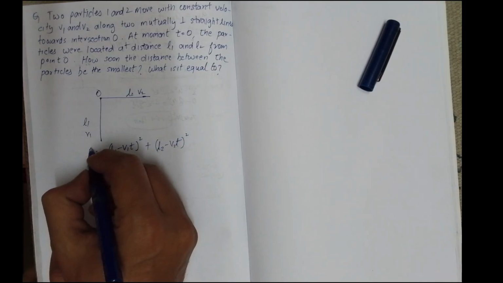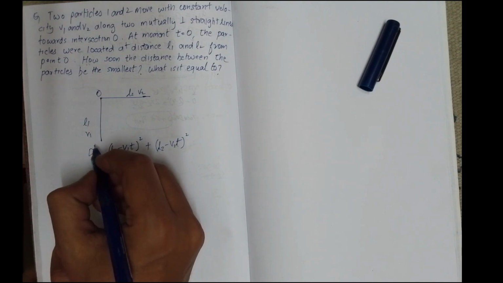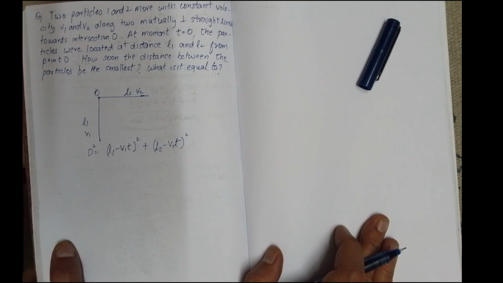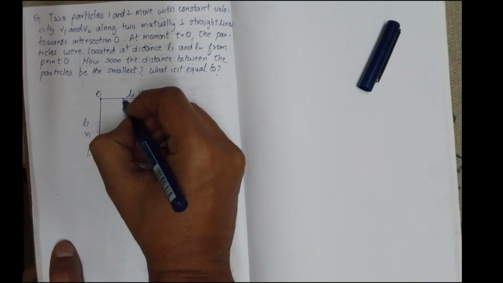Under root of this thing. If I say this is the distance, this will be the square of the distance. I'm saying that this is the distance between the two particles after time t.